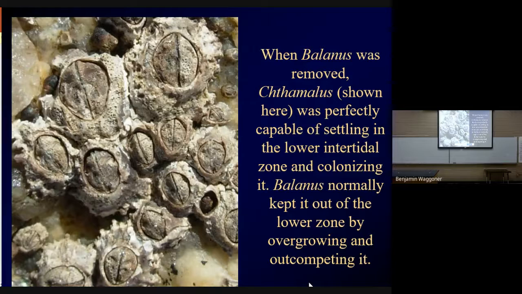It grew faster. If you put a Balanus and a Cathamulus together, the Balanus would basically grow faster and grow over the Cathamulus or otherwise dislodge it. So normally Balanus would outcompete Cathamulus in the lower zone. So when Connell removed Balanus, Cathamulus was perfectly capable of moving in. It just didn't normally because Balanus could outcompete it.